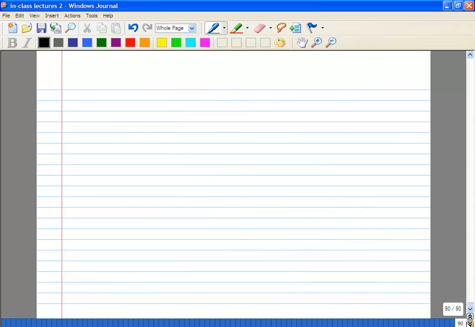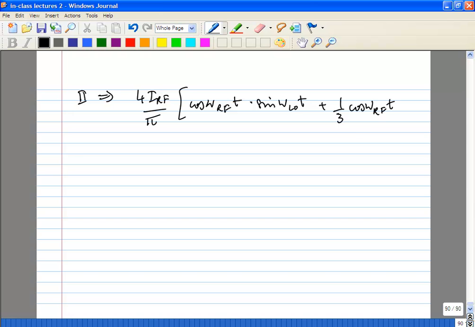What is the second term? It's IRF over pi cos omega RF t times sin omega LO t plus, we'll just take the first and third terms for now.